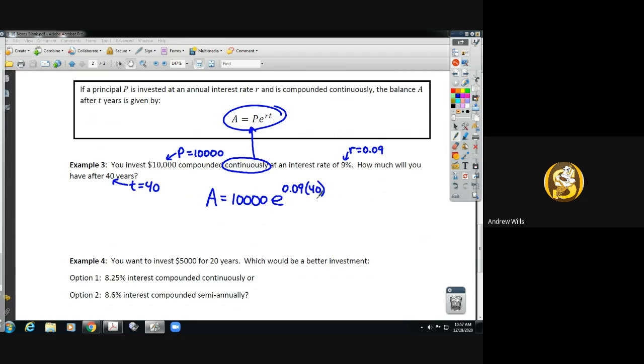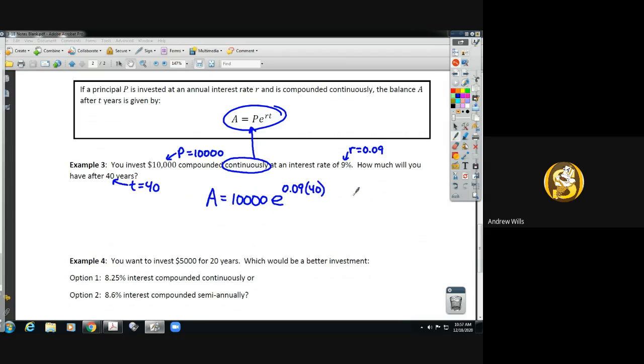Okay, and we're going to feed that to our calculator. So we type in the 10,000, and then we would hit second ln, which inserts e and puts us up in the powers. Type in 0.09 times 40 for the exponent.